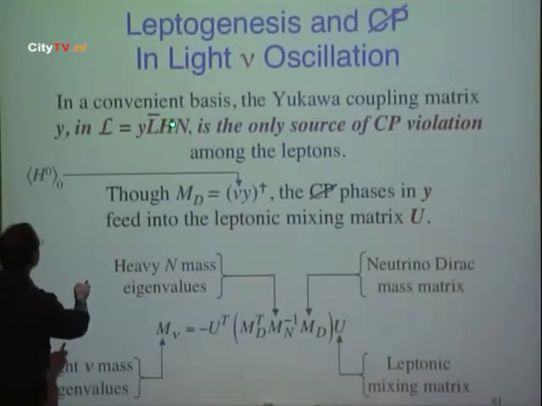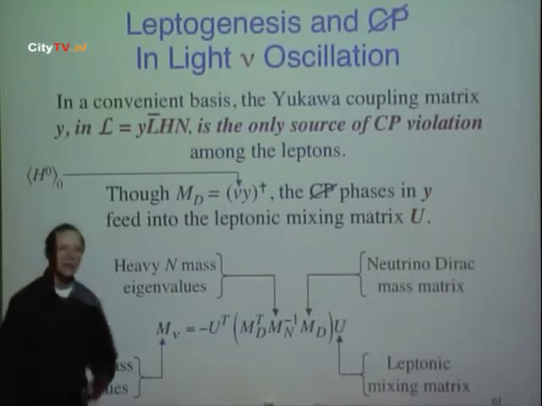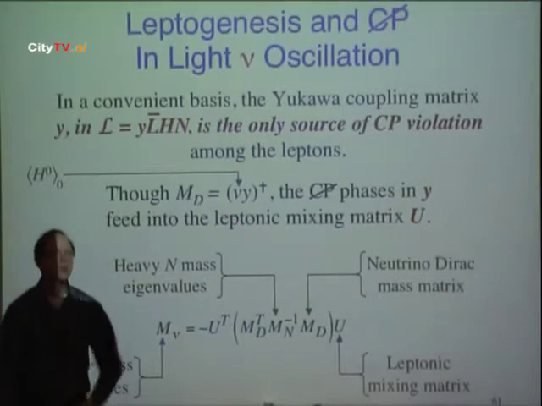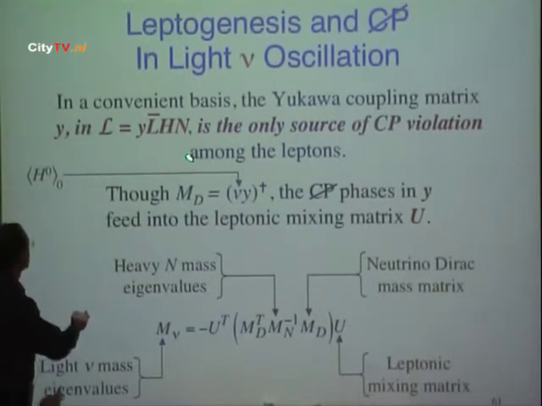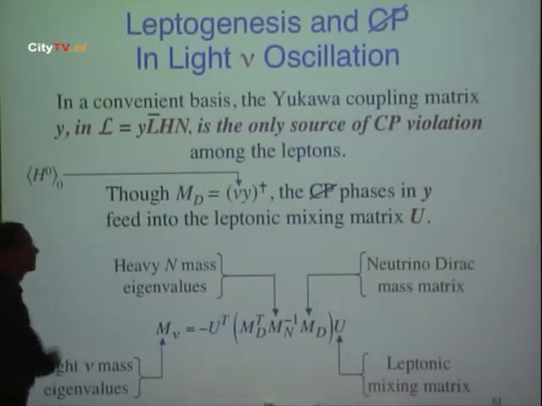That's just a constant, and when I have a fermion coupling like this times a constant, that is the same sort of mass term that the quarks have. It is called a Dirac mass term. So once the VEV kicks in, you get a Dirac mass for the neutrino, and it is just the VEV times this coupling matrix.